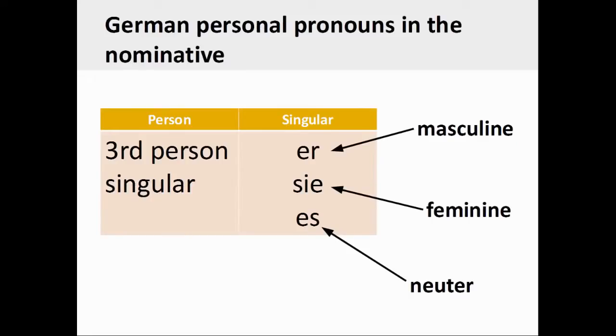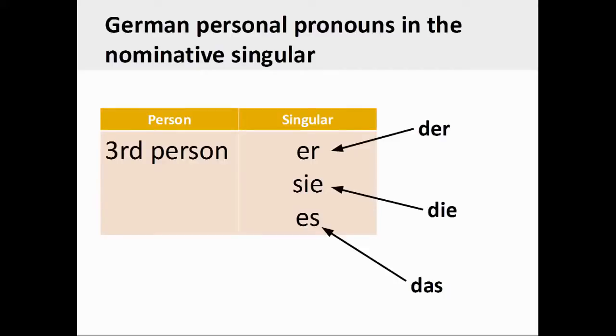In German, the grammatical gender or number of a noun determines the personal pronoun that gets used. The personal pronouns you see on the screen all manifest gender: er, masculine, sie, feminine, and es, neuter.